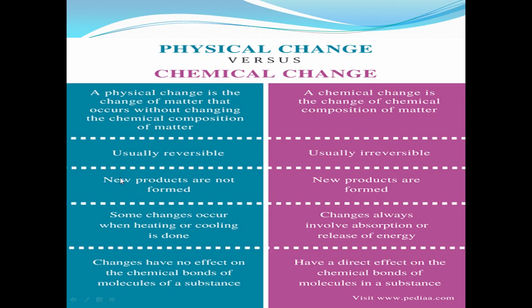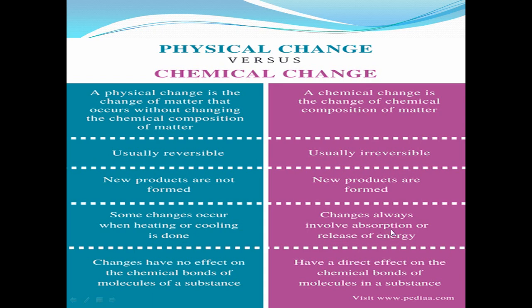Here in the physical changes, new products are not formed. But what about the chemical? New products are formed. Here in the physical, some changes occur when heating or cooling is done. Here changes always involve absorption or releasing of energy.